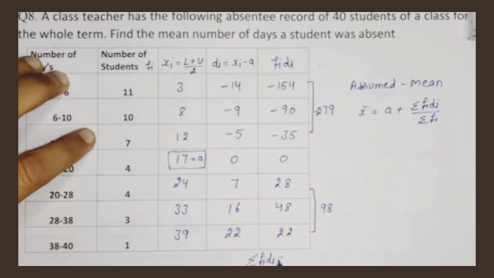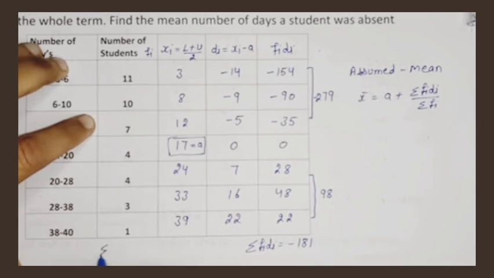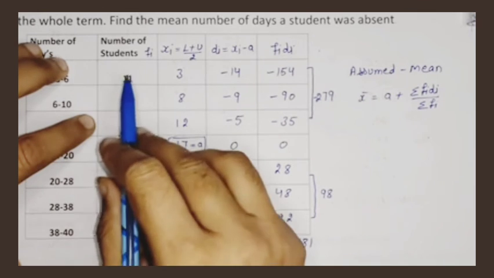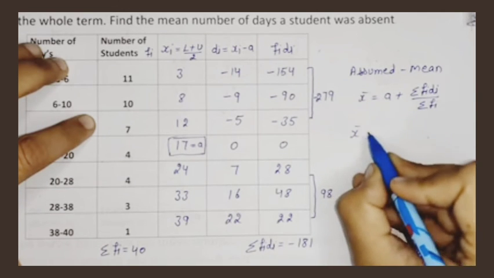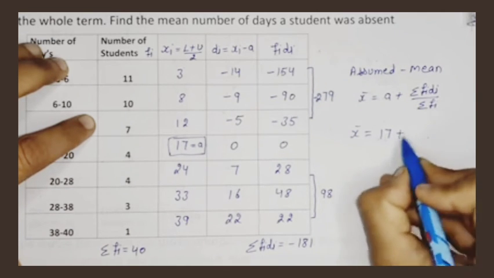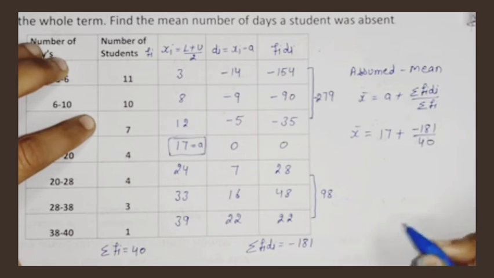So summation fi di is minus 181. Now we want summation fi. This is the data for 40 students, so summation fi is 40. Now put the values. A is 17 as we assumed, and fi di is minus 181 upon 40.